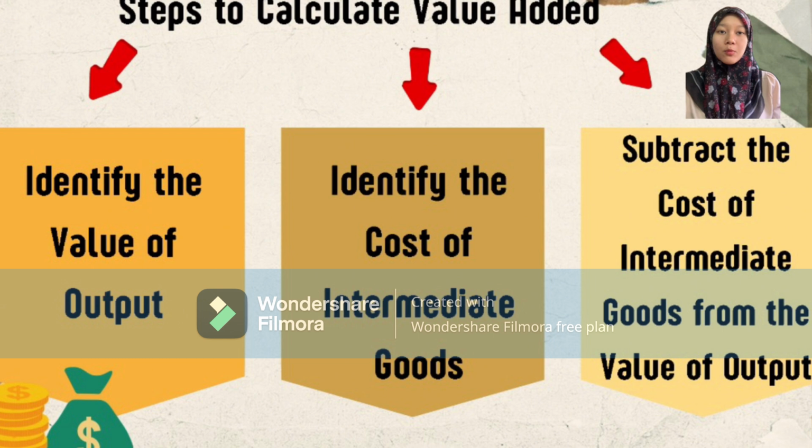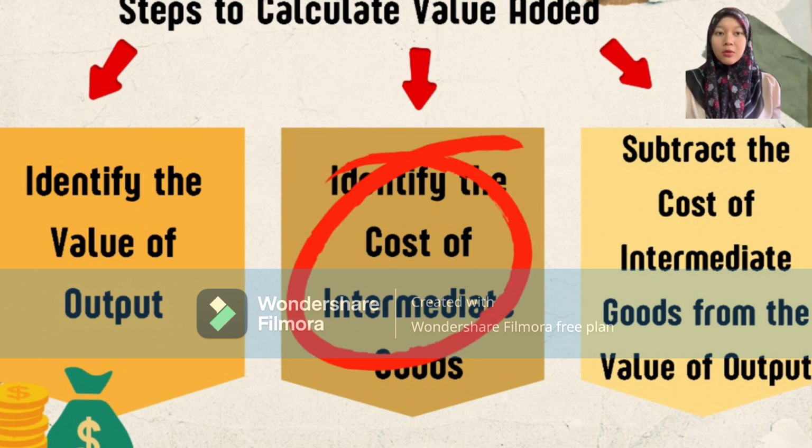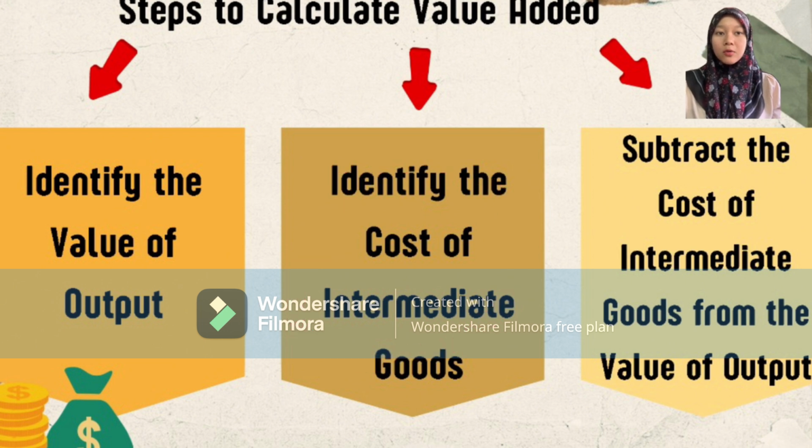Firstly, we need to identify the value of output. Here we need to determine the total sales revenue from the final goods and services produced by the firm or sector. Number 2, we need to identify the cost of intermediate goods. Here we need to calculate the total cost of all intermediate goods and services used in production.